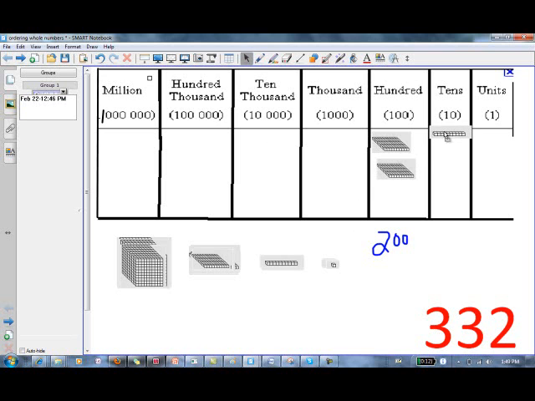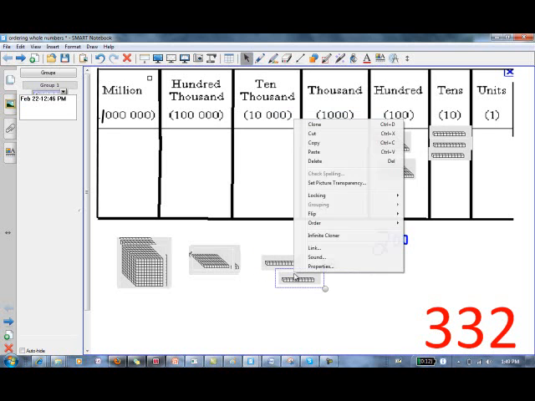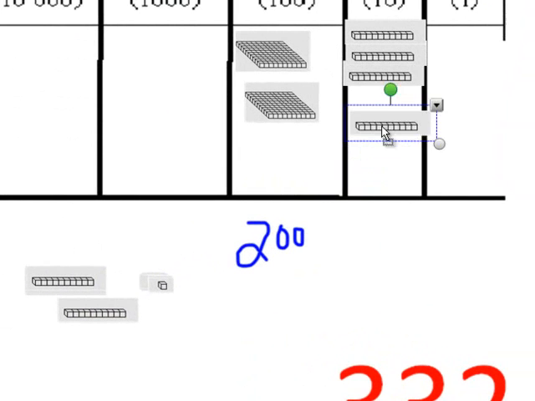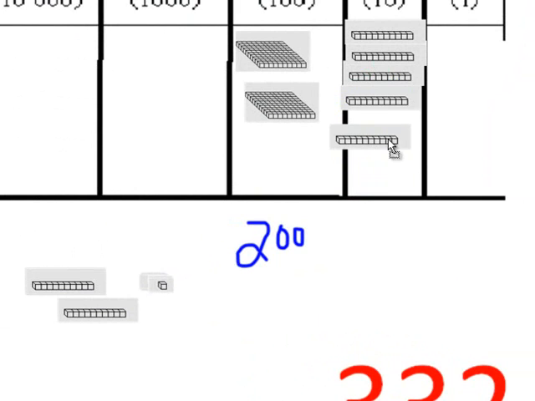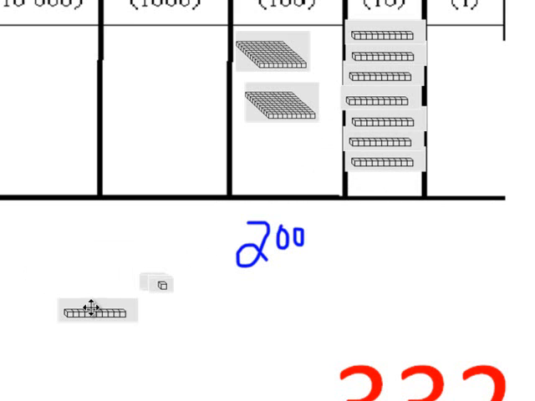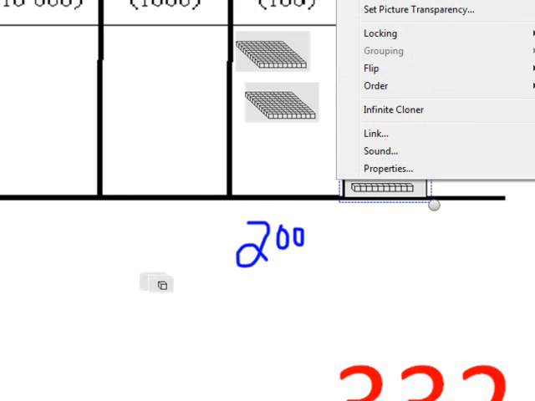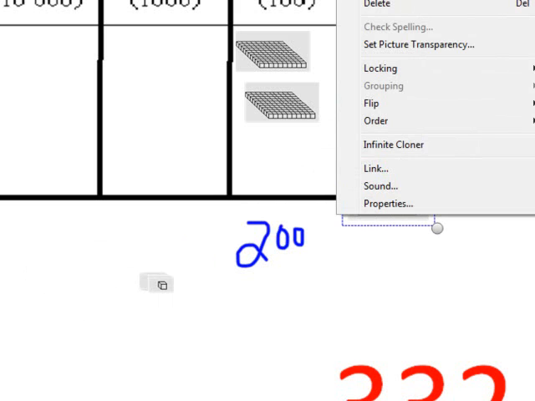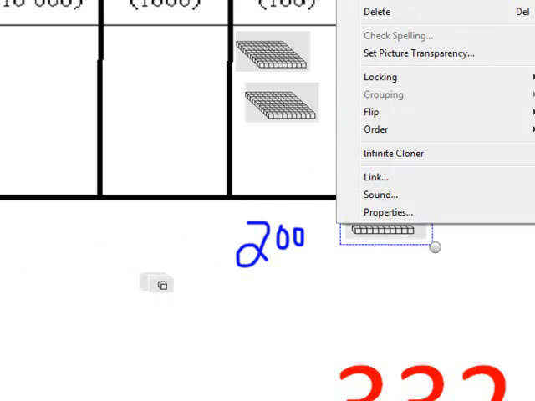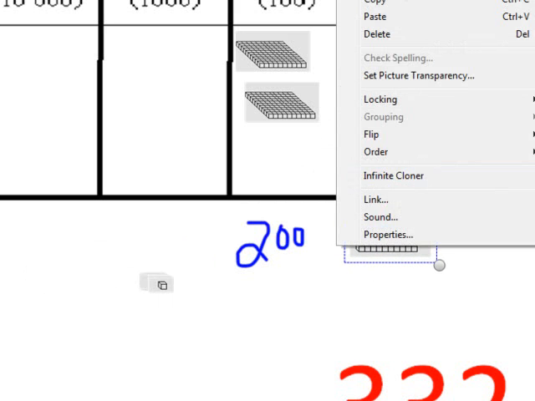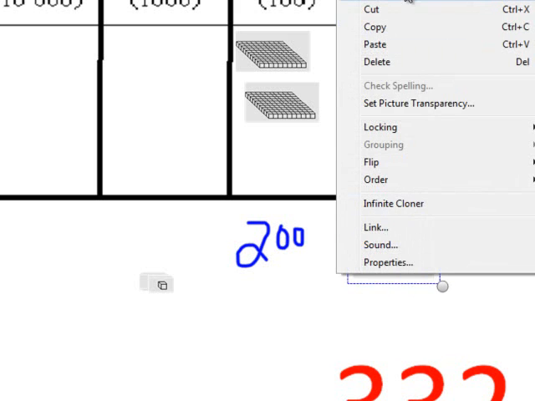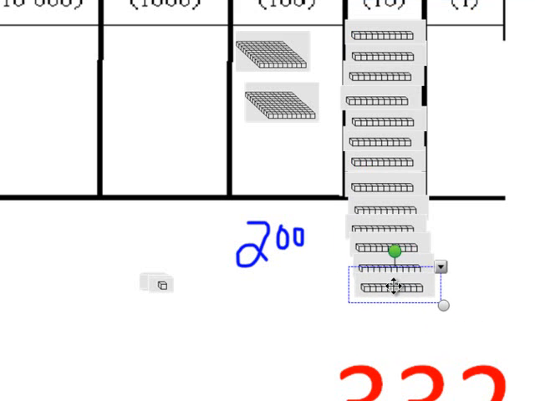So we have 1, 2, 3, let me clone some, 4, 5, 6, 7, 8, 9, 10, 11, 12, 13. So 13 times 10 is 130.